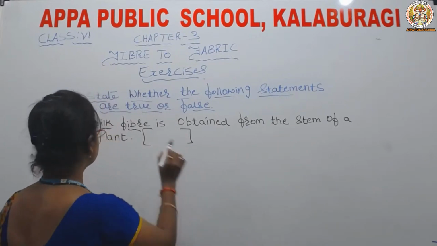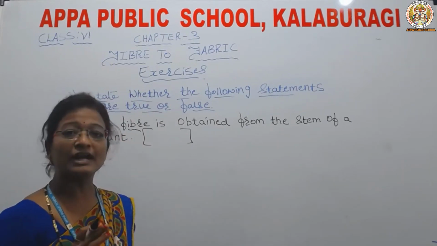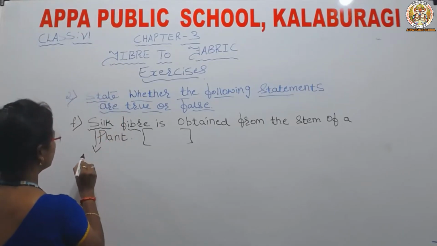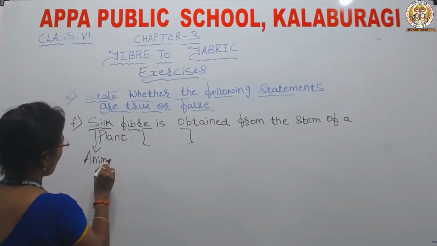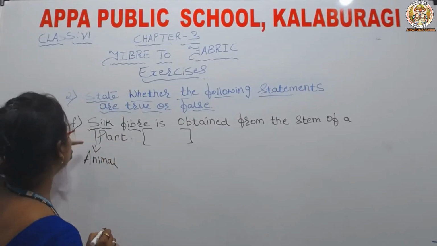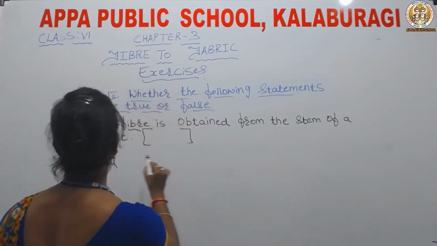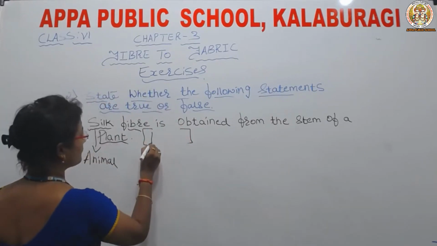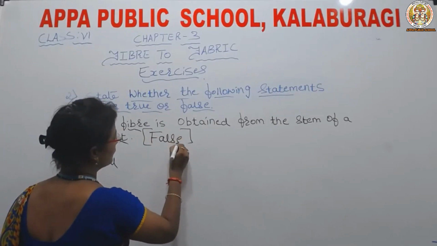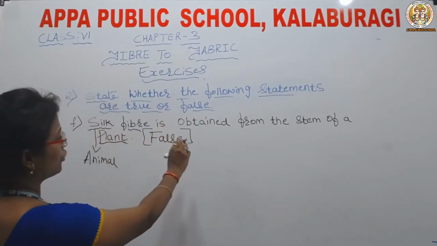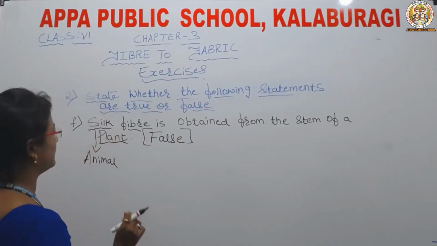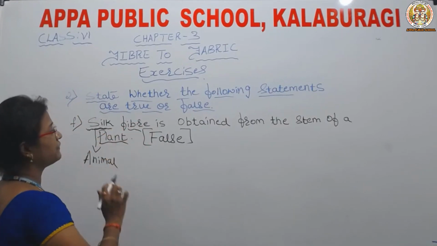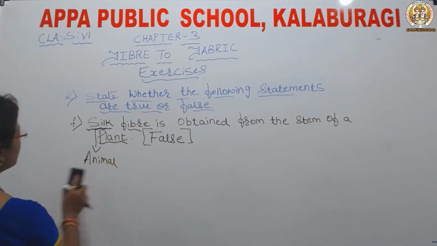First of all, is silk a plant fiber or an animal fiber? Silk is a fiber we get from animals, not from plants. So the answer is false, because silk is not a plant fiber. We get it from animals.